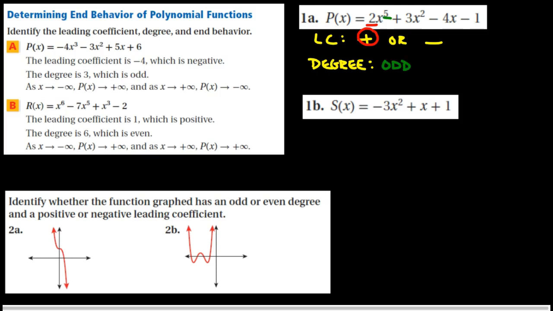So what happens to this graph if I draw a little picture? I like drawing a little picture instead of saying as x approaches infinity and all that. So if I draw a little picture of this, the right side, since the leading coefficient is positive, will go up, and the left side will be going down because it's an odd degree. So they go opposite directions.